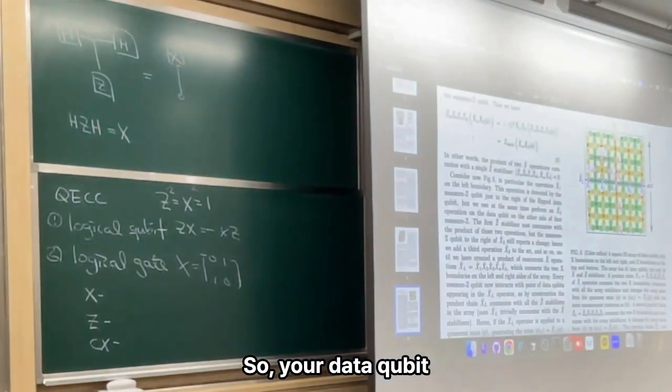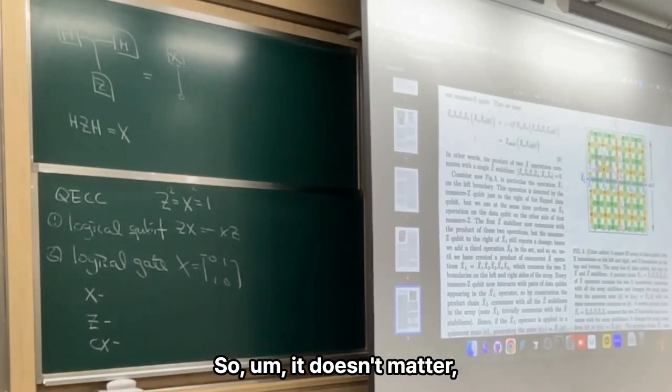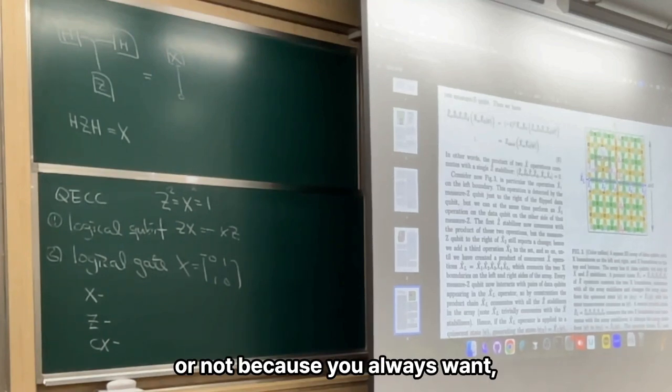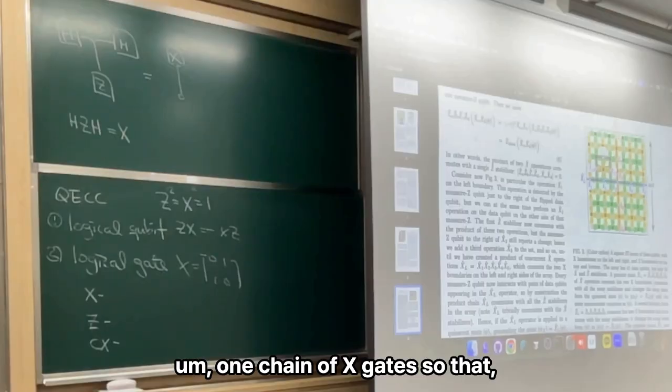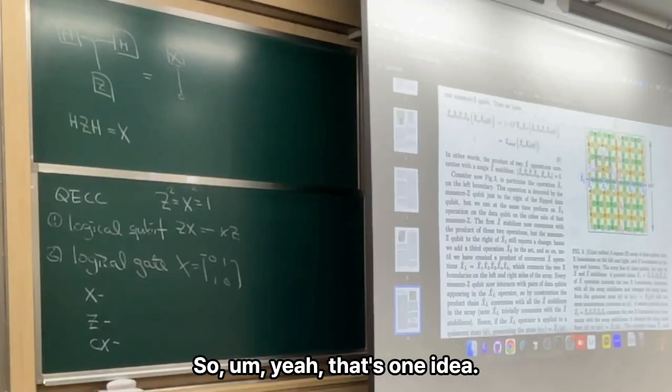So your data qubit or logical qubit state is not changed. It doesn't matter whether you take a detour or not, because you can always retrieve the original chain of X gates without changing any data qubit state. So yeah, that's one idea.